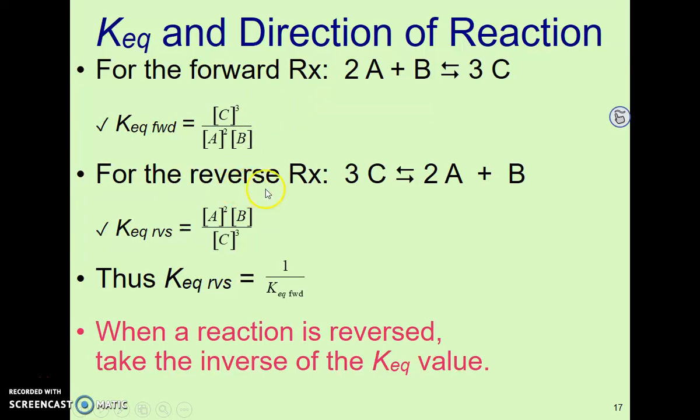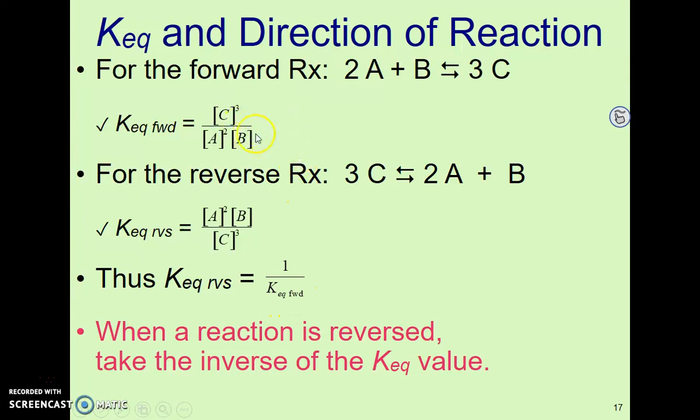If you wanted to find the K for this reaction, which is this reaction flipped, what would you do? Remember, when we were doing Hess's Law, you reversed the sign. But when you're finding K's, instead of reversing the sign, you take the inverse. The inverse is taking 1 and dividing it by the Keq of the forward reaction.